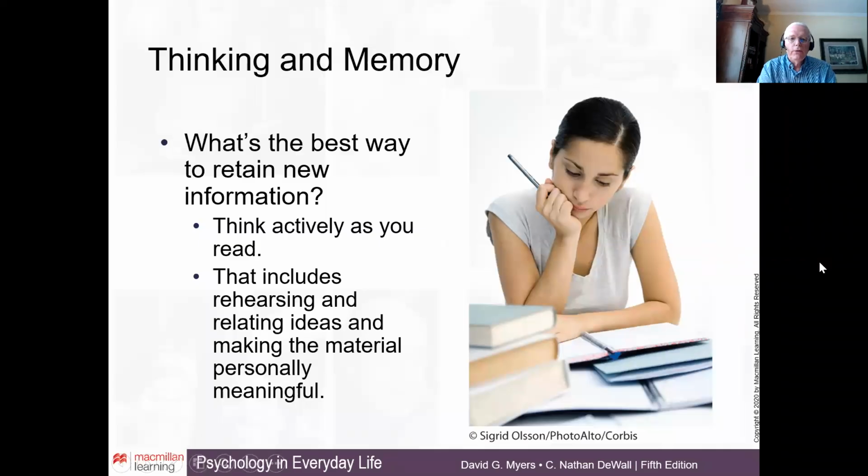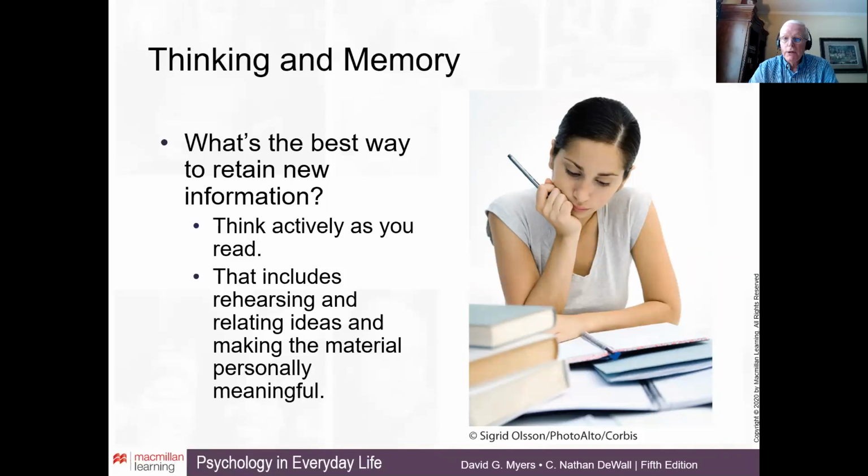So in review, we can ask ourselves the question, what is the best way to retain new information? And what we are suggesting, and these suggestions are based on science in the area of memory, is that we need to think actively as we read, and part of thinking actively involves asking ourselves questions and seeing if we can answer them.